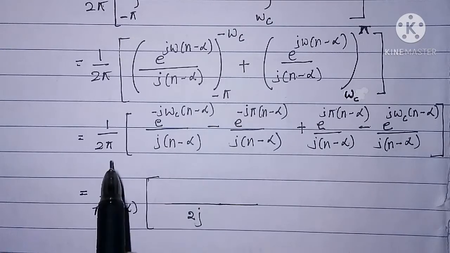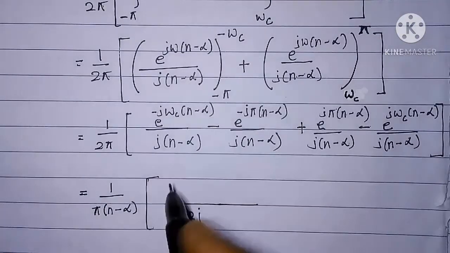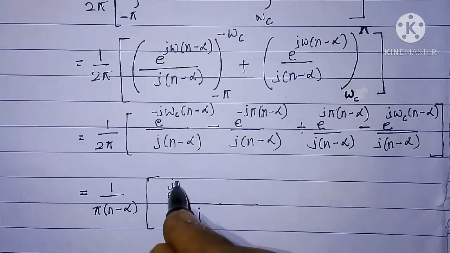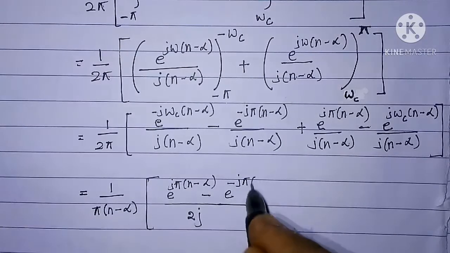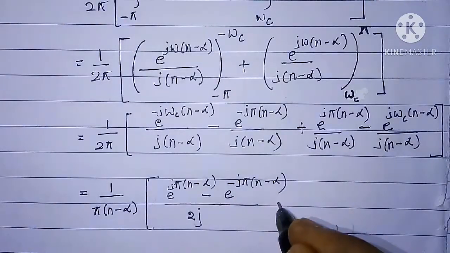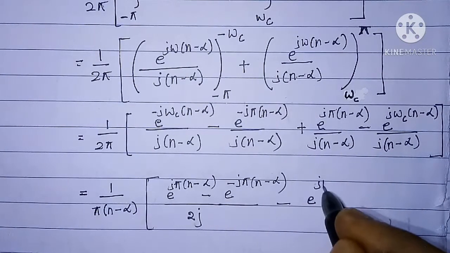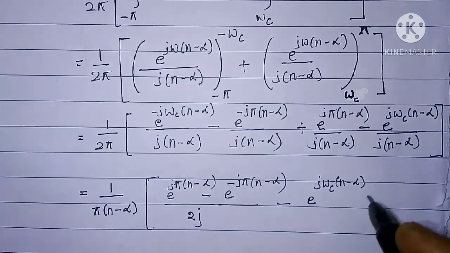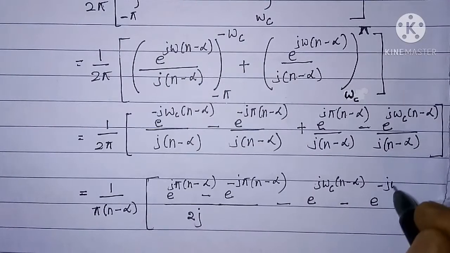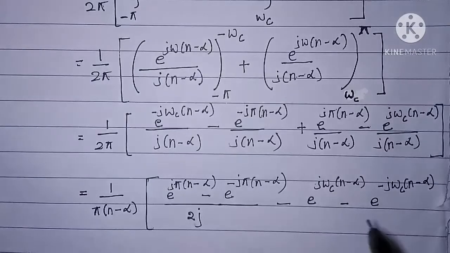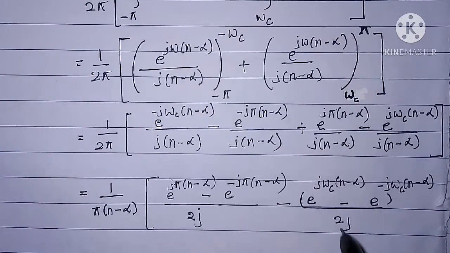Taking n minus alpha common outside and 2 inside the bracket and then rearranging the terms, we get e raised to j pi into n minus alpha minus e raised to minus j pi into n minus alpha, minus e raised to j omega c into n minus alpha minus e raised to minus j omega c into n minus alpha, by 2j.